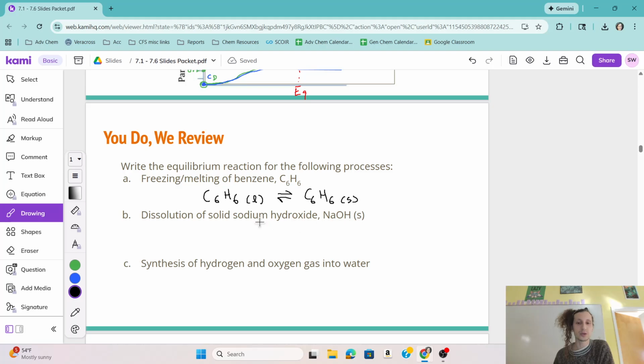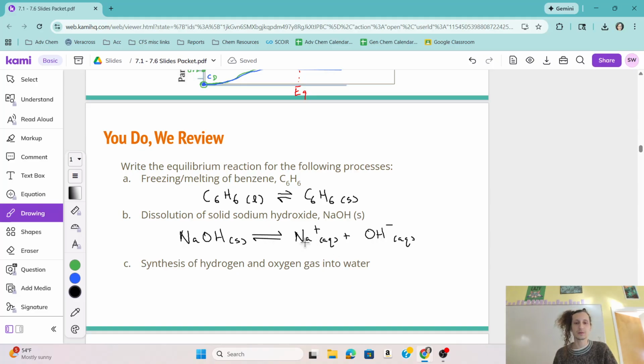For the dissolution of a solid, remember dissolving means turning something into aqueous ions. So I'm going to separate this into its ions, sodium plus and hydroxide minus. Since they are now aqueous, since they are dissolved, we're going to write aqueous on them, but this is equilibrium, so we're going to write the reverse reaction.